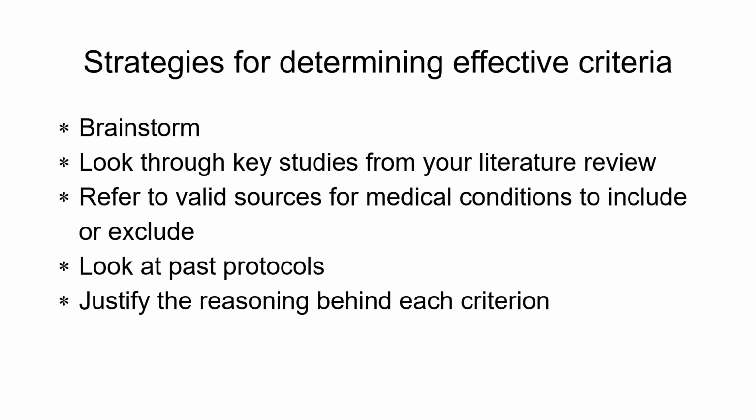Refer to valid sources for medical conditions to include or exclude, for example mayoclinic.org or uptodate.org. Look at examples of inclusion or exclusion criteria from studies that have already been completed. And the investigator must also provide the rationale behind each criterion in case one or more gets questioned by the approval process from the IRB.